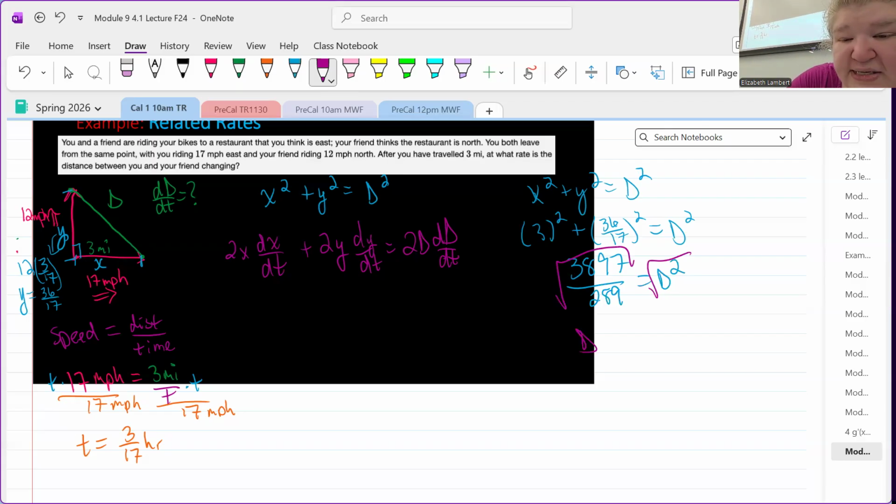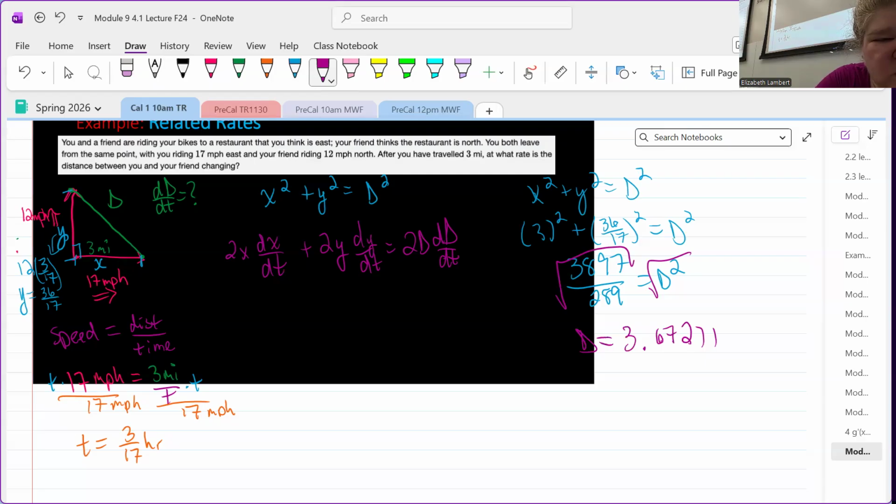And all I'm getting is a decimal, so decimal is fine. 3.67211, blah, blah, blah. So I finally have my snapshot distances.